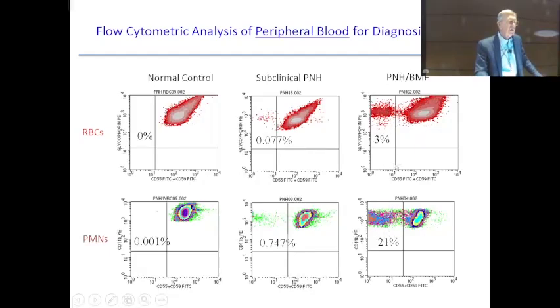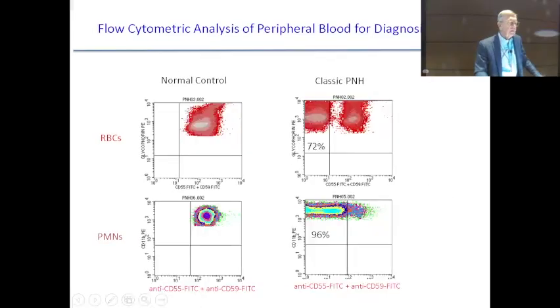Now the clone is smaller in the red cells because the red cells are being selectively destroyed by the complement system. This is illustrated in classic PNH. Here we have a very large PNH clone or clones, and so 96% of the neutrophils are derived from the PNH clones.